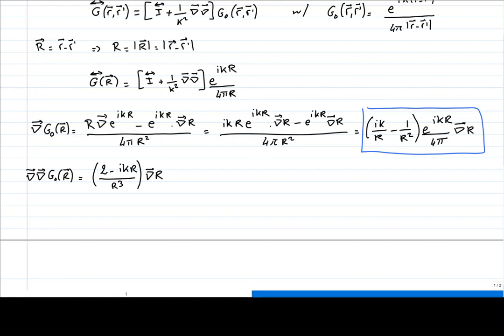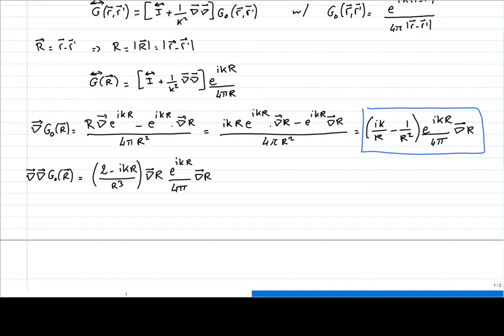The other two terms, the exponential ikr over 4 pi and the gradient of r, remain the same.